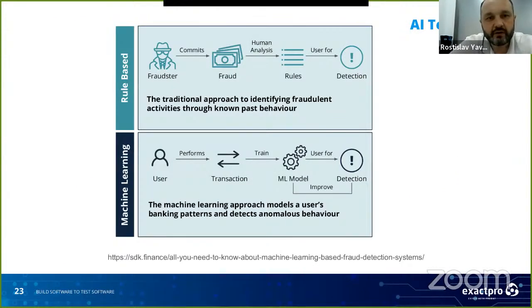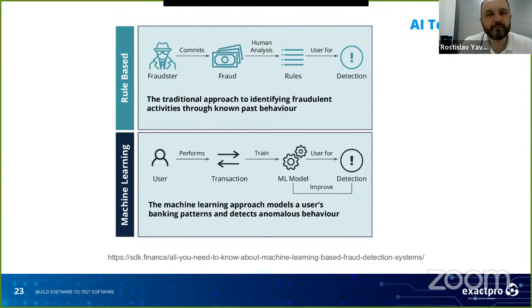Today we'll not go into details, but definitely I plan to have a lecture on this topic separately. So you see, there are 2 different approaches to fraud detection. The first one on top is called rule-based, and it has been applied for many years.